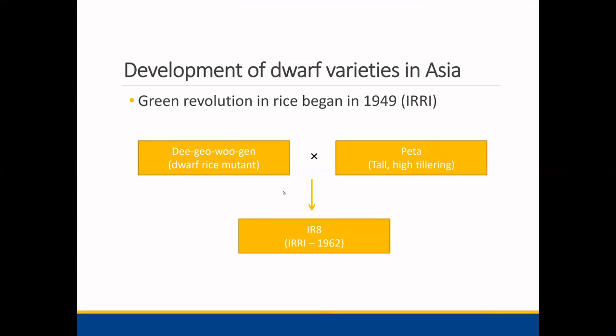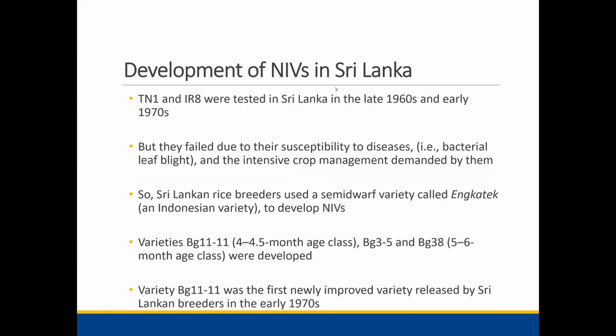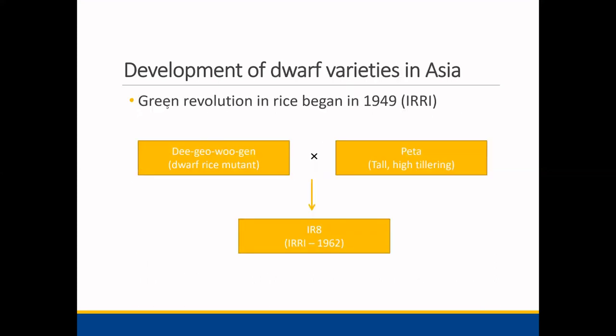So let's move to how they developed new improved varieties in Sri Lanka, right? Earlier, because we had poor breeding facilities, they wanted to test TN1. So the rice scientists in Sri Lanka thought, just bring TN1 and IR8 to Sri Lanka and test them, right?